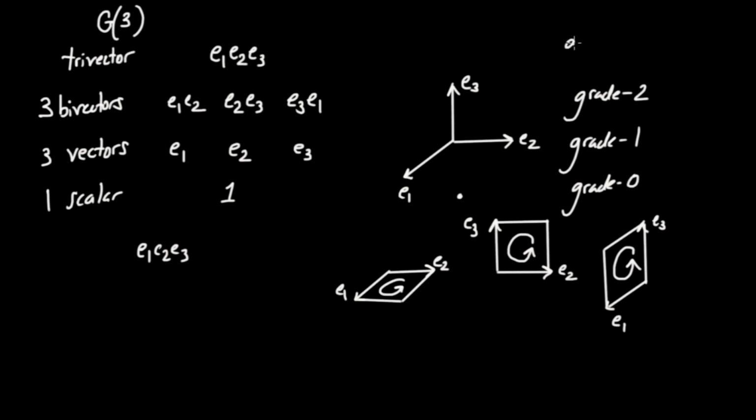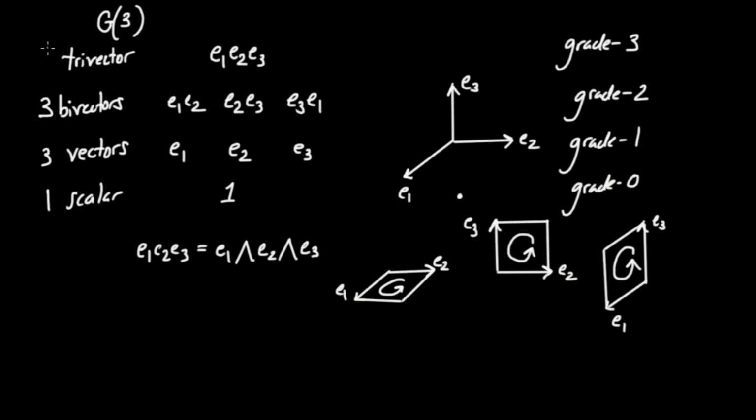And this is that last grade 3 element, because this is going to be formed by taking the wedge product of all 3 of the basis vectors at the same time, E1 wedge E2 wedge E3. Compare that to the bivectors here, where you take 2 of the 3 vectors in the basis and wedge them together. The trivector, we're wedging all 3 together.